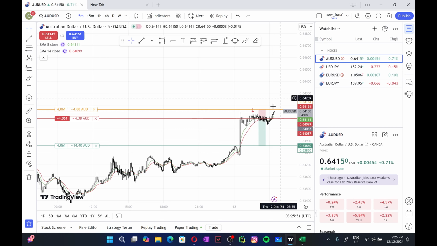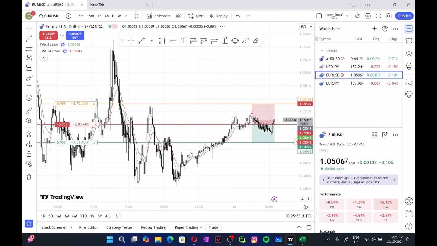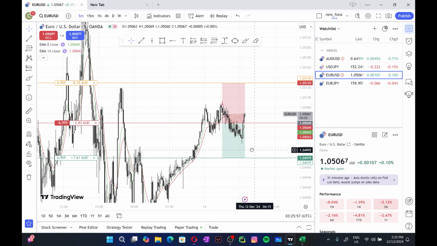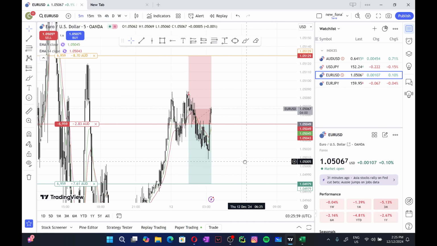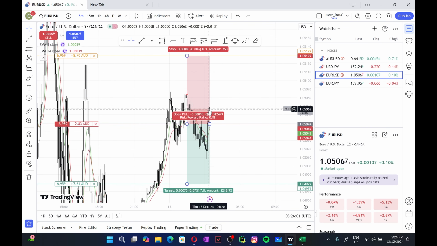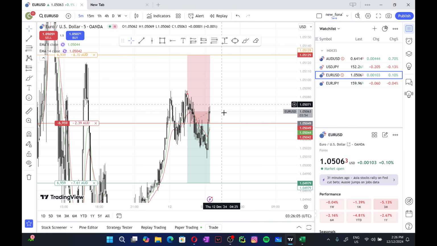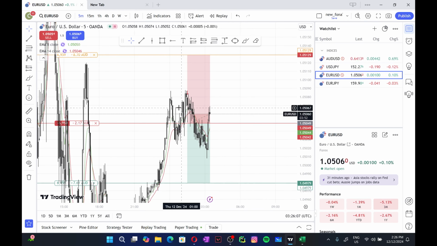I have no hopes on this one. I believe I would be losing this trade anyway. But when it comes to EUR USD, you see it's gone down, it's again going up. I think the price would come down again like that, because it's probably a bearish movement in the structure.